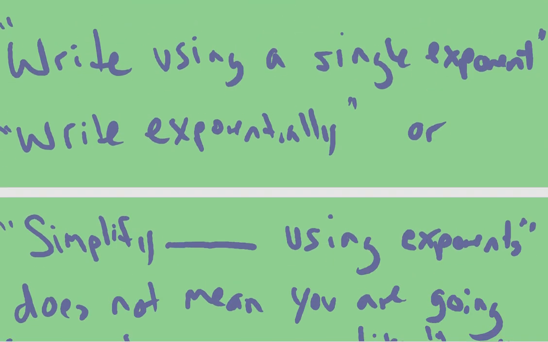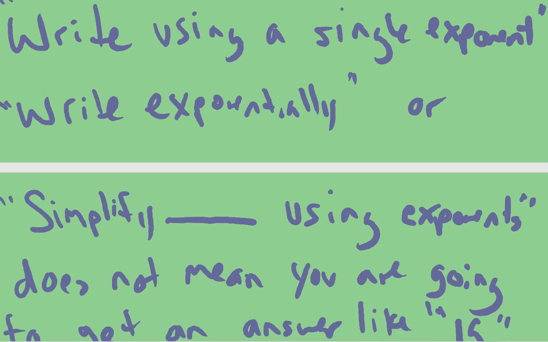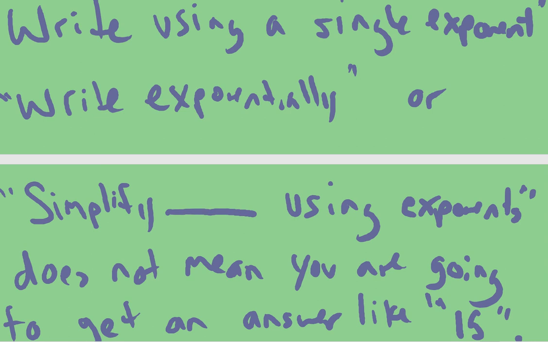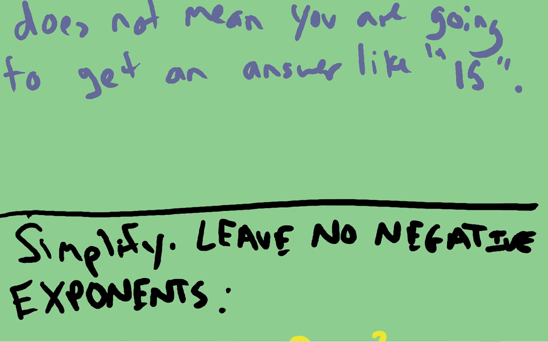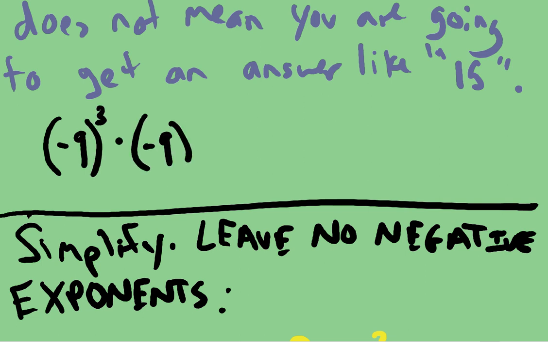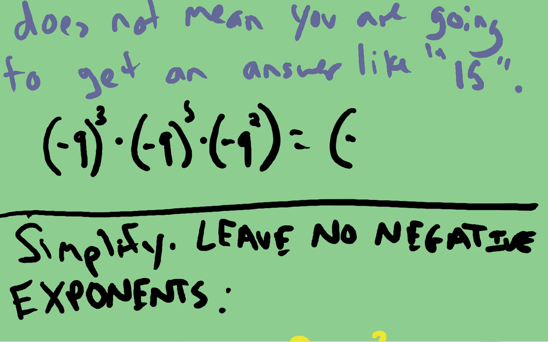Write using a single exponent, write exponentially, or simplify whatever the expression is using exponents does not mean you're going to get an answer like 15 or 4 or -7. If it says write -9 to the third times -9 to the fifth times -9 squared, if it says write using exponents, you're going to write the base as many times as the exponent tells you to.